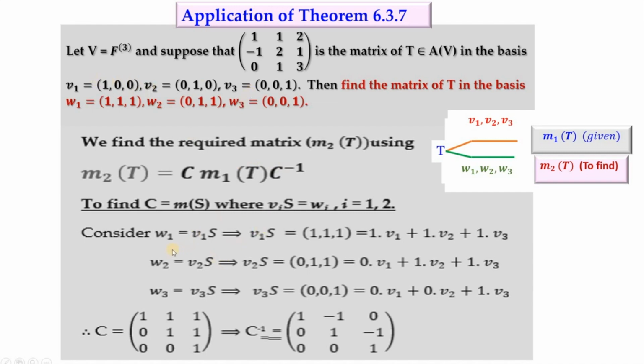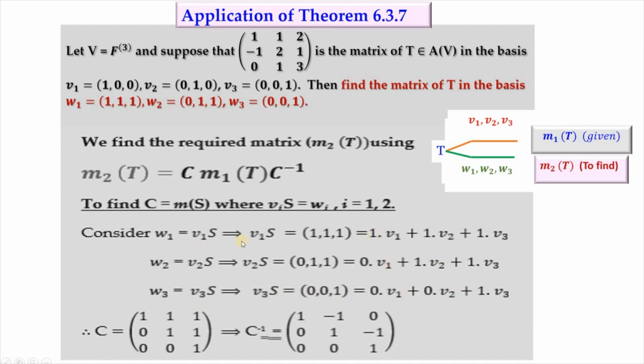So we have to consider W1, which is the image of V1 under S. So V1S, which is the ordered triplet 1, 1, 1, we can write as 1 into V1 plus 1 into V2 plus 1 into V3. In the same way for the next one, 0, 1, 1, and that is rewritten in this way, and similarly the last one is this.